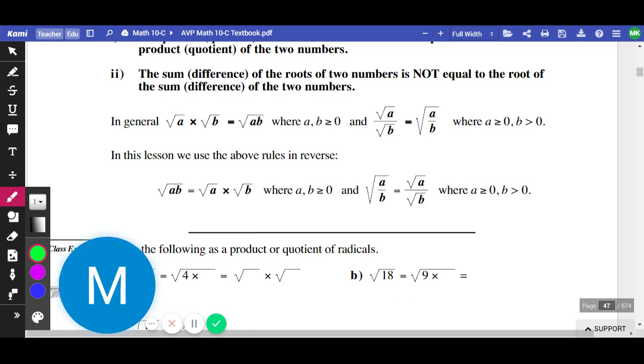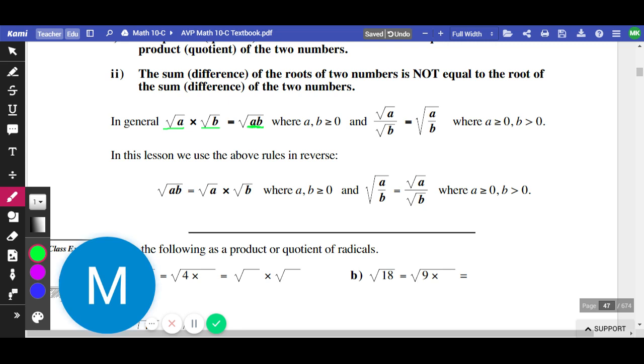Okay, so the rule is that if you have 2 radicals multiplied together, and they're the same radical, so they're both square roots or they're both cube roots, like they're the same index values, then you can actually combine 2 radicals into 1 radical by multiplying the radicands together. So I could take 2 separate radicals, combine them into 1 radical. That means I could also do that same rule in reverse, right?